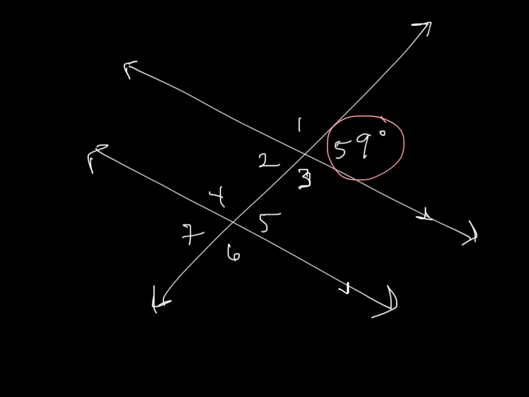And for each one, you need to use the vocabulary that we have of corresponding, interior angles, exterior angles, alternate exterior, excuse me. And that reminds me, what is alternate interior? That would be like 5 and 2, right? Or 4 and 3. Those are alternate interior, and they too are congruent. All right, so give this a shot and bring it to class.